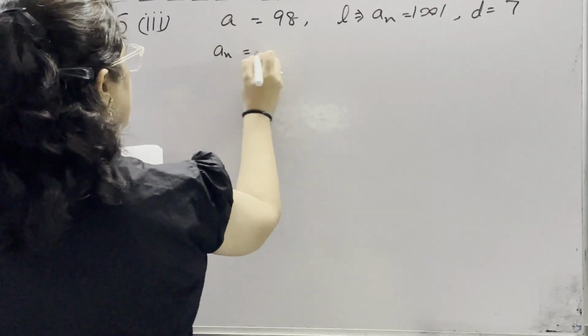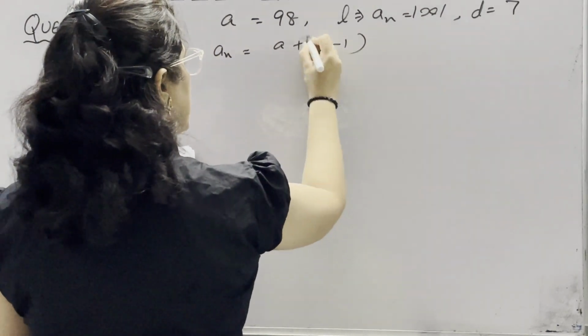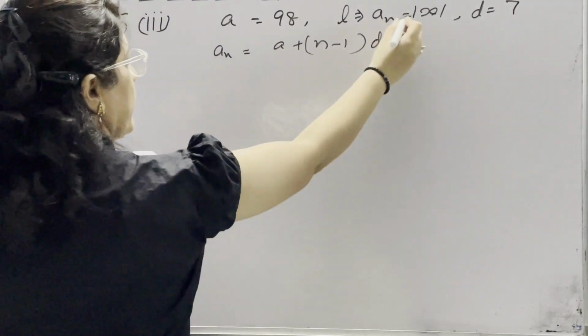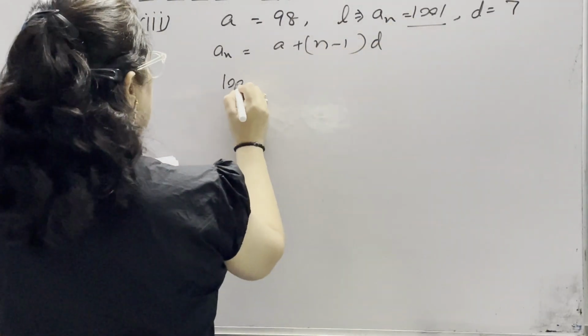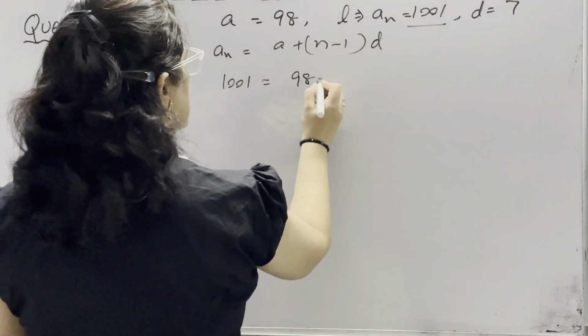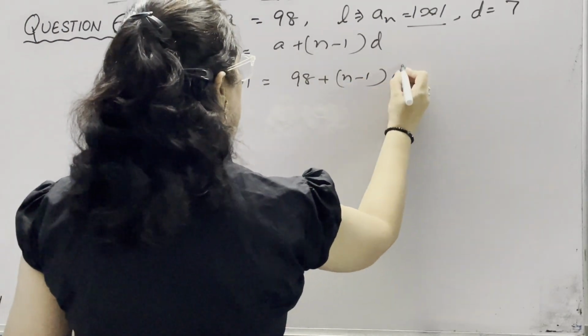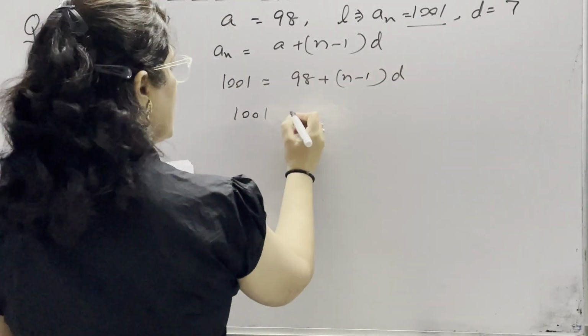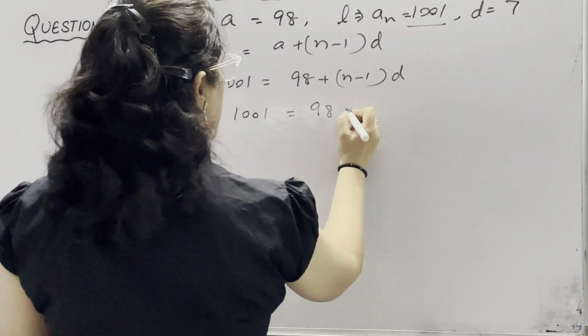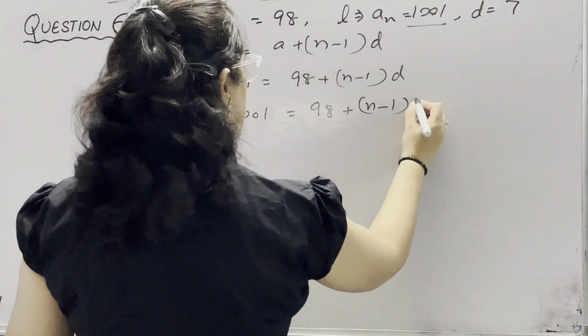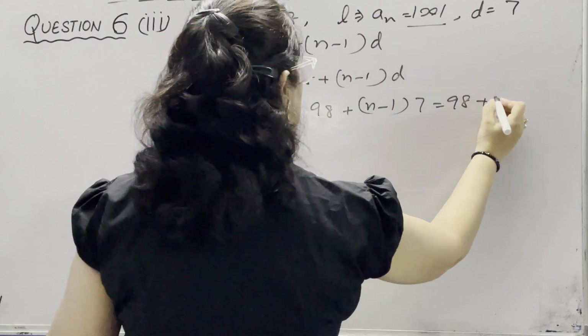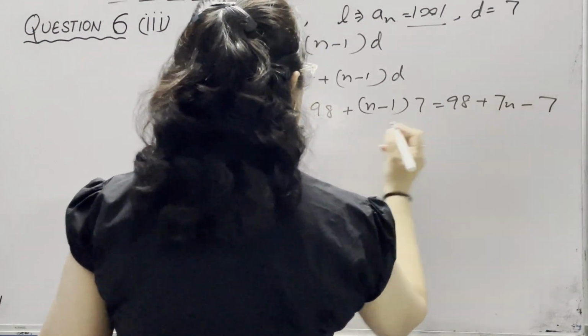Now a_n is equal to a plus (n minus 1)d. The value of a_n is given as 1001, the value of a is 98 plus (n minus 1) into 7, it means 98 plus 7n minus 7.